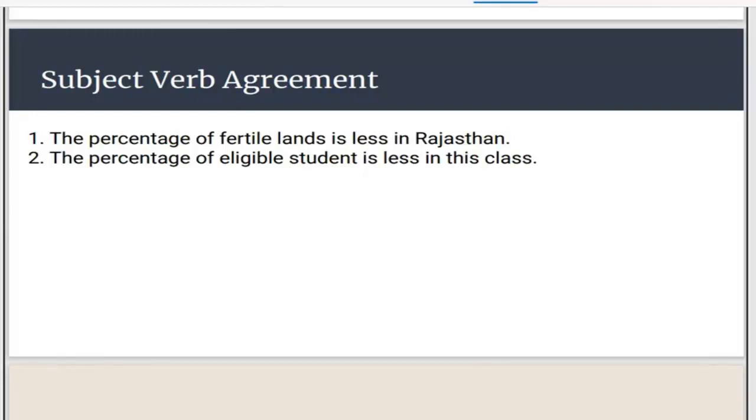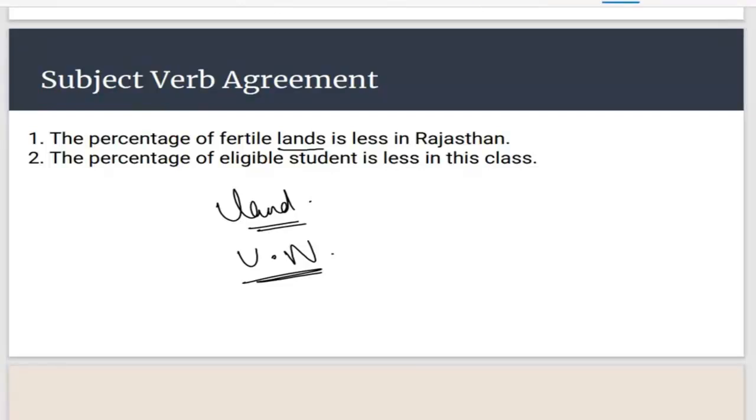I have already discussed that land is an uncountable noun, and we do not make singular or plural of an uncountable noun. So usage of lands is absolutely incorrect here. It should be land. The percentage of fertile land is less in Rajasthan. What about question number 2? The percentage of eligible student is less in this class.